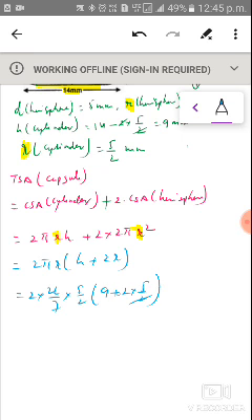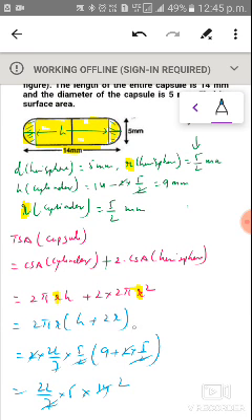This 2 is cancelled by this 2, so you can write 22 by 7 into 5 multiply 9 plus 5, that is 14. So 7 into 14 is 2, 5 into 2 is 10, so this is 220 millimeter square, the total surface area of this capsule, one capsule, right?